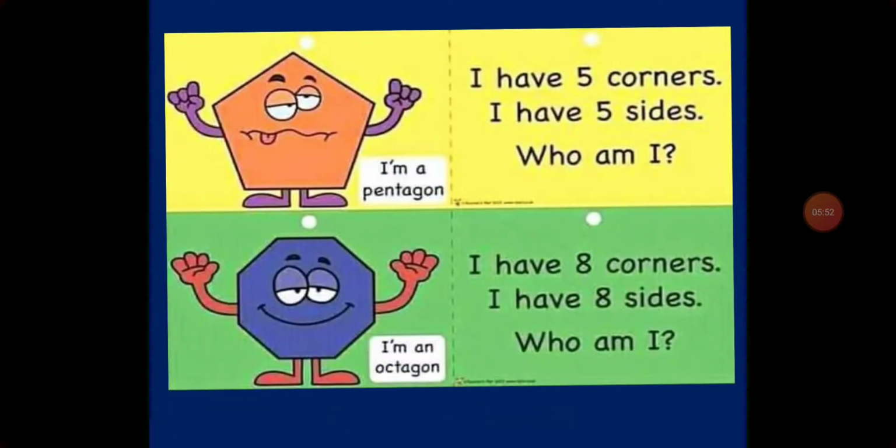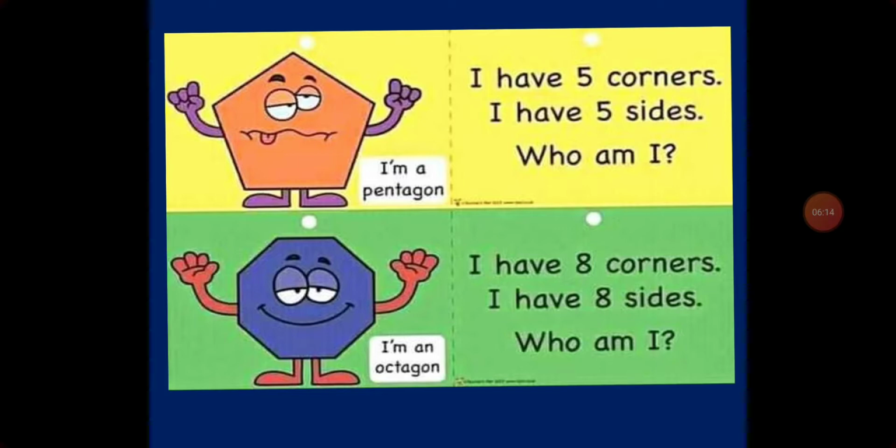I have 5 corners and I have 5 sides. Who am I? Listen, I have 5 corners and I have 5 sides. So, 1, 2, 3, 4, 5. Who is this guy?